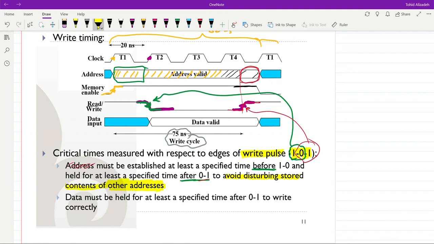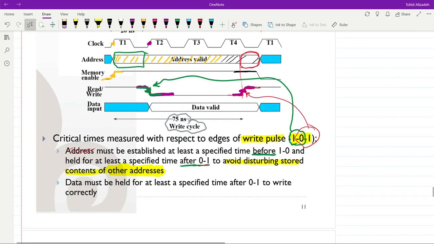And then the data must be held for at least a specified time after 01 in order to write the data correctly. Again, 01 is here. 01 changes here. For the data input, you can see that it should be kept at least for a specified time after this 01.